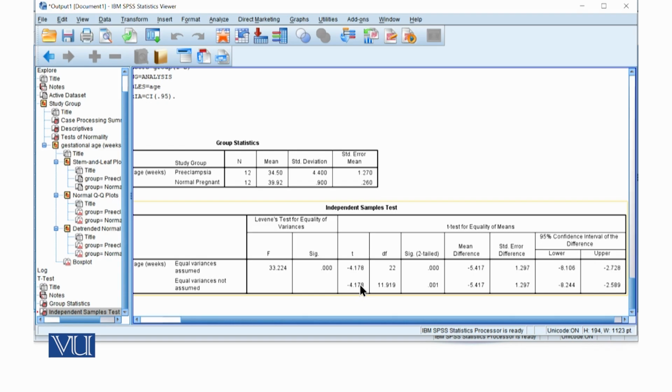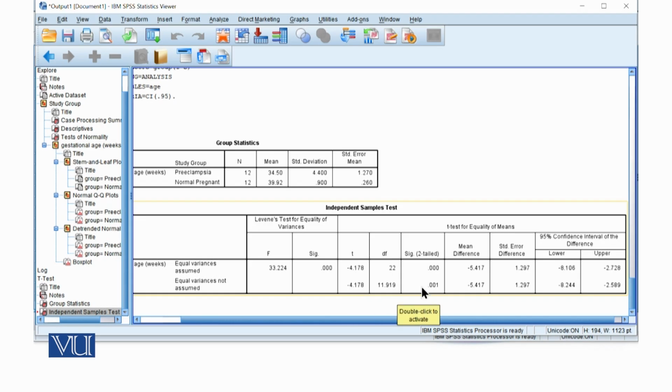It's a two-tailed test, so we will use the two-tailed significance. Our level of significance is the usual 5%. Our test statistic will be the two independent samples t-test with equal variances not assumed. Hence, the value for t is minus 4.178.